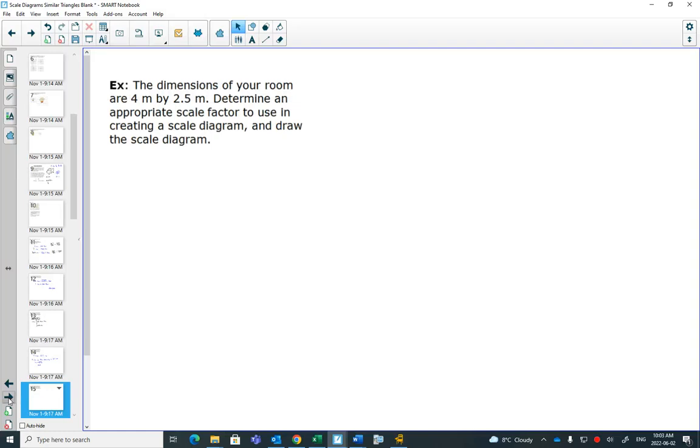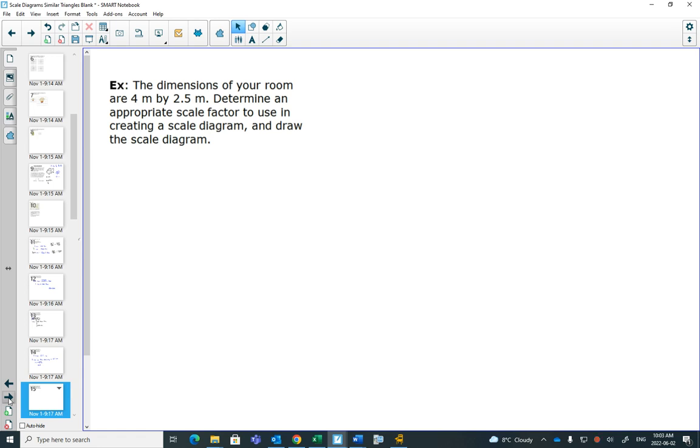Dimensions of your room are 4 meters by 2.5 meters. Is that a good size room? The 2.5 might be a little bit small, but the 4 is good, because most rooms are like 10 feet by 10 feet. Mine's like 9 foot by 11 foot.